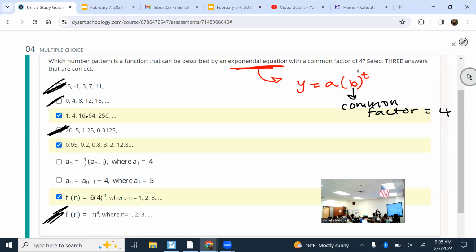And it looks like our setup. Remember, A times B to the exponent. And remember, B has to be the number that's attached to the exponent, not the exponent itself. Makes sense? Any questions? Okay, so just make sure if it says the common factor has to be this, that they're doing it all throughout. Or if they just want to know which one has an exponential pattern, it should be multiplying each time to get to the next number.